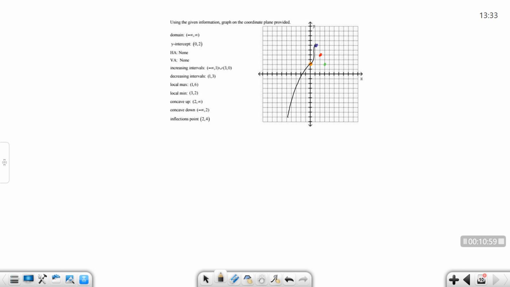And then I'm decreasing from 1 to 3. And then I'm increasing. I think that should say 3 to infinity. Let's change that up. I'm increasing from 3 to infinity. And that's what the graph should look like.